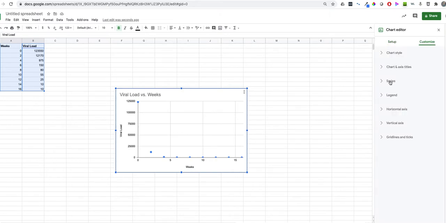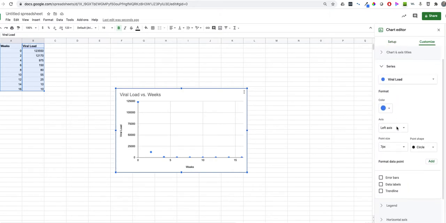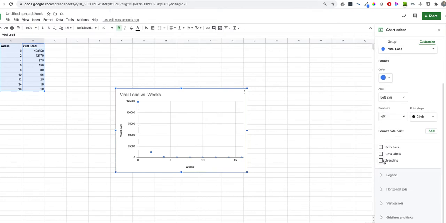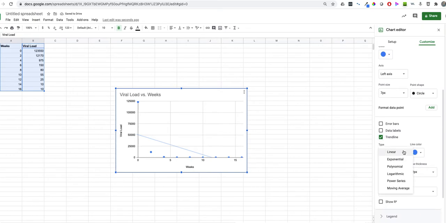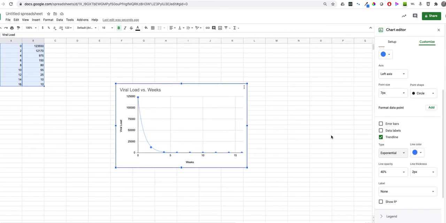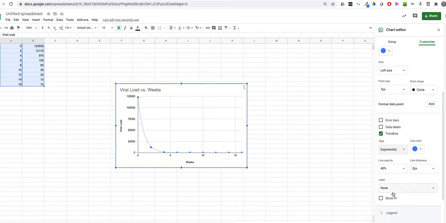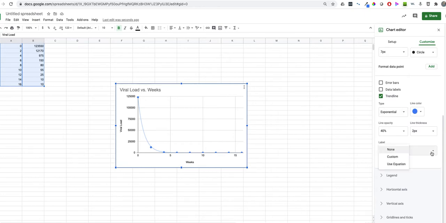We go to customize series. We want to do a trend line. It draws a line that's not very good for what we want. Then we go to exponential, and we see that that's a really good representation of the data. And then we're going to change the label to an equation.